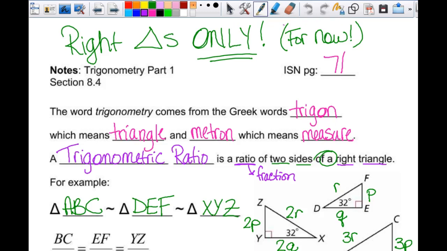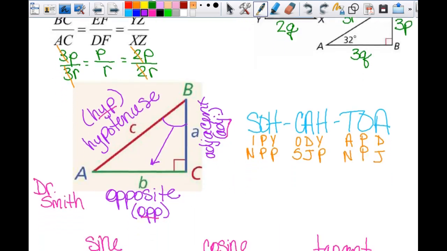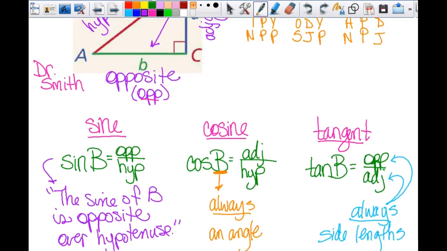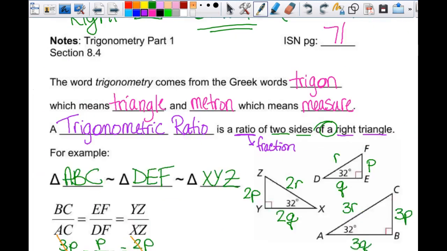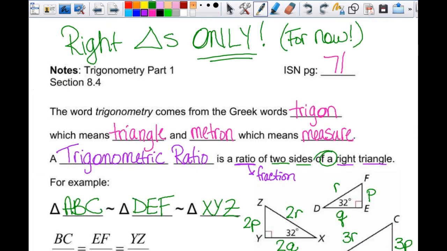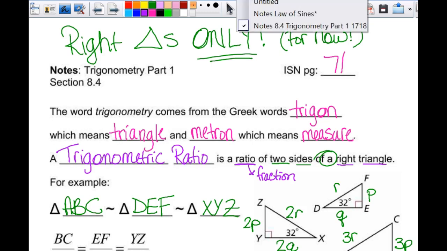This is this year's geometry notes, but it's basically the same thing that y'all would have done. We first talked about SOHCAHTOA, and it was so new. But I had y'all write at the top, right triangles only, and then in parentheses, for now, because I didn't want you trying to apply it to something that wasn't a right triangle, because it wasn't going to get you anywhere. But you can use it for triangles that aren't right triangles, and that's what we're going to look at today, is learn how to do that.